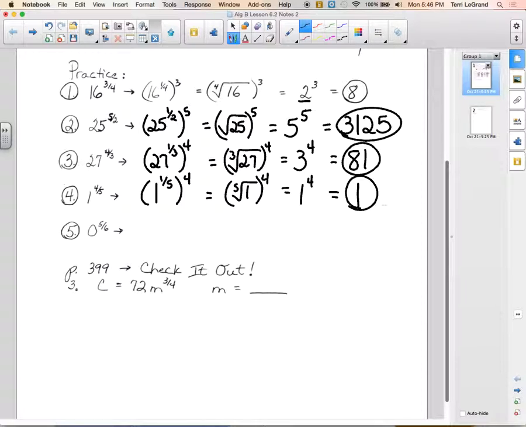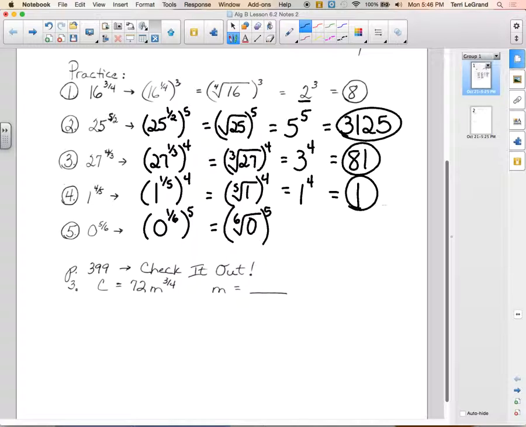Okay, let's try 0 to the 5/6 power. So we have 0 to the 1/6 power, that's going to get raised to the 5th power. So we're looking for the 6th root of 0, or in other words, what times itself 6 times gives you 0, and then taking that to the 5th power.